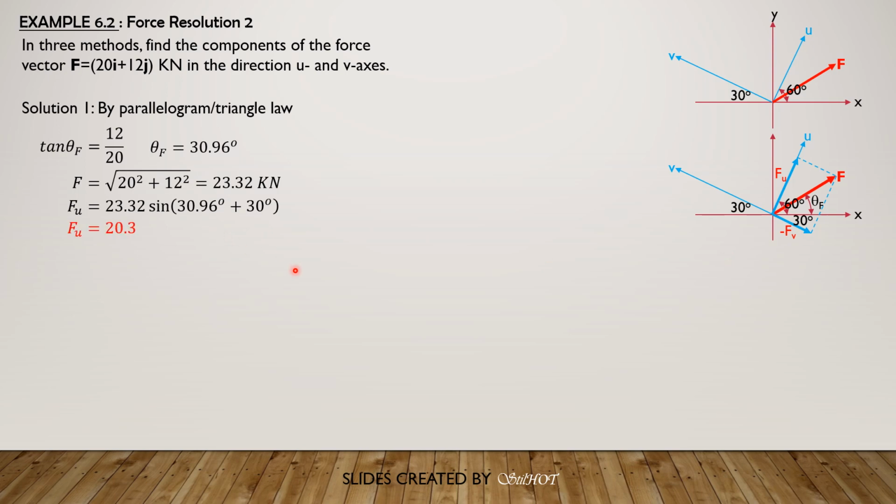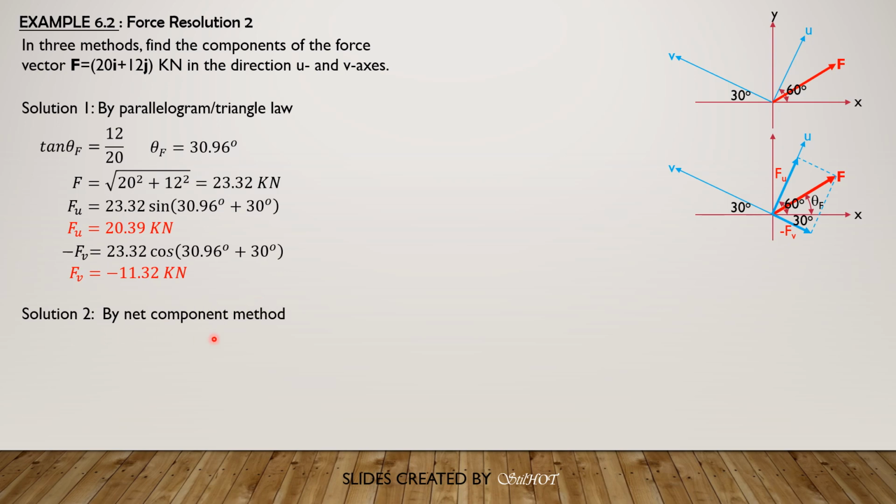So Fu is 20.39 kilonewtons. Then negative Fv is 23.32 cosine of 30.96 plus 30. So Fv is negative 11.32 kilonewtons.